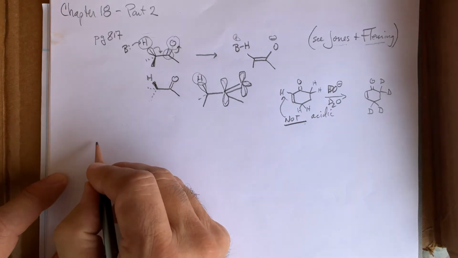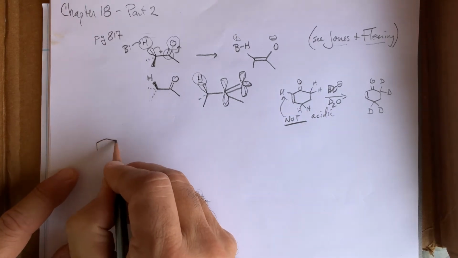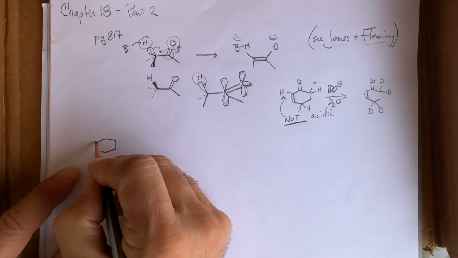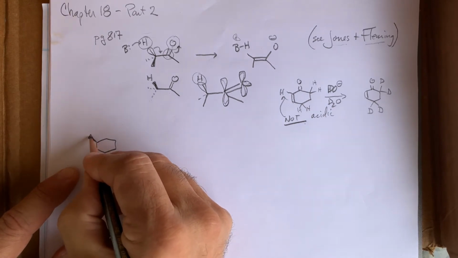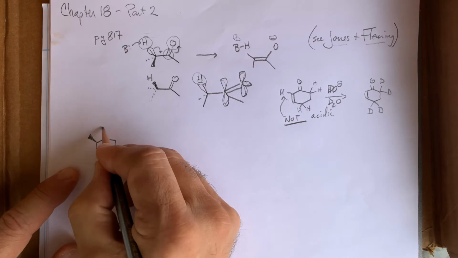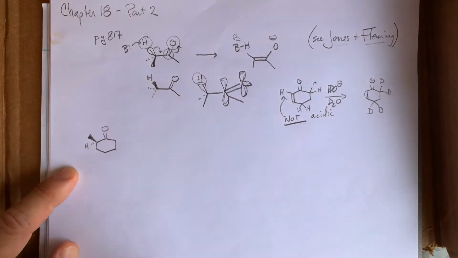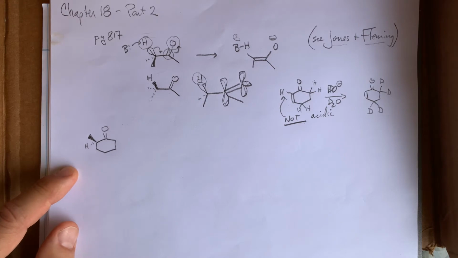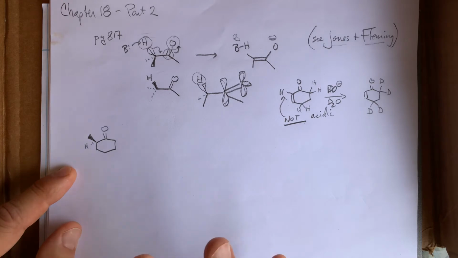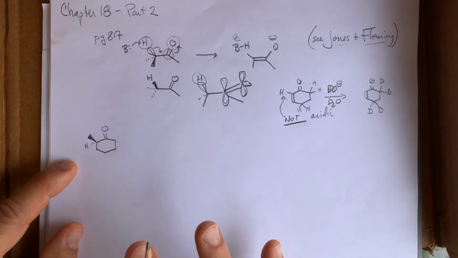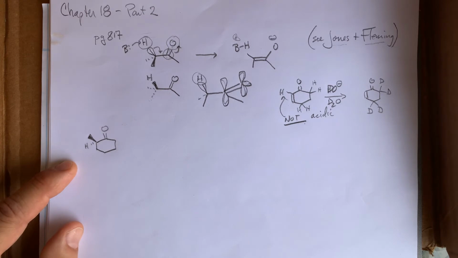Okay, so you should know that if you have a stereogenic center alpha to a ketone, like this, let's talk about 2-methylcyclohexanone. In terms of illustrating organic reactivity, this will not be the last time you see it.